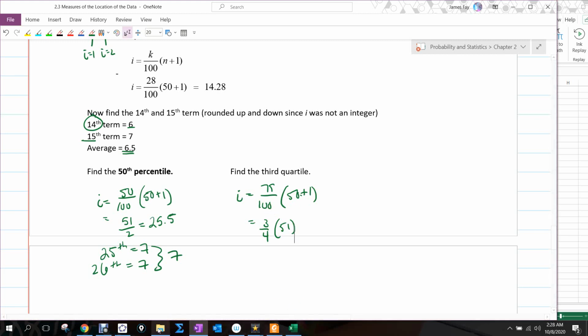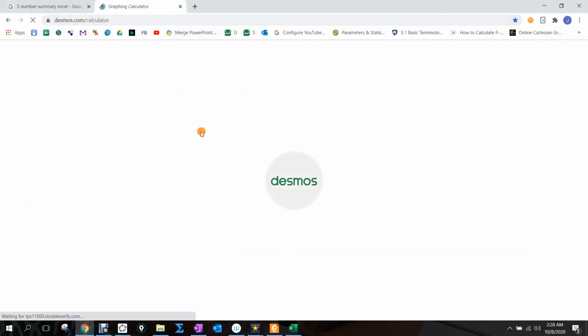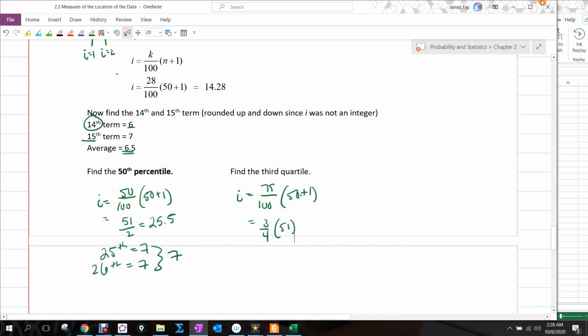Let's see what that turns out to be. Three-fourths times 51, 38.25. So we'll round that down to 38 and we'll round it up to 39. 38 and 39. So we're going to find those two terms.